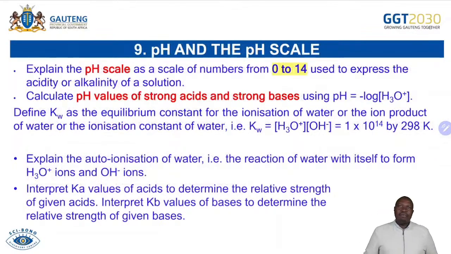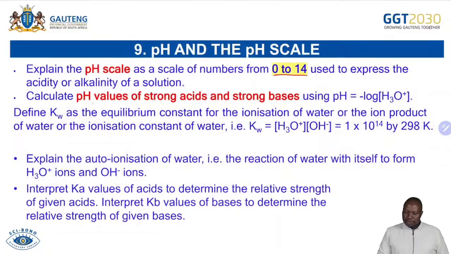Now, lastly, we'll have to look at the pH and the pH scale. I've already indicated that the pH scale is from 0 to 14, and from 0 to just before 7, it's an acid, and from just after 7, we have the base up to 14.